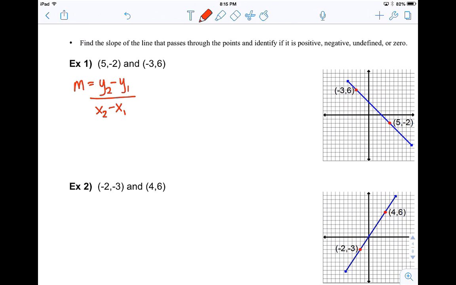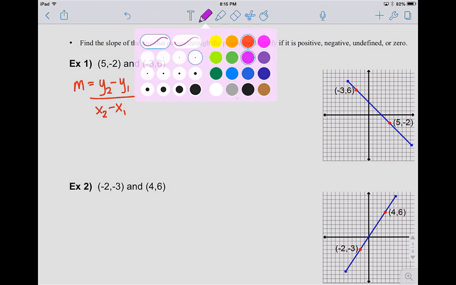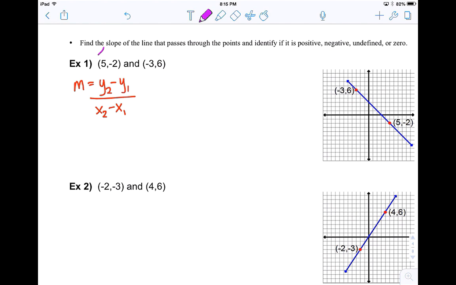So I'm going to label my points x1, y1, and x2, y2. Doesn't matter which point you decide is which one, as long as one point together is x1, y1, the other point is x2, y2.